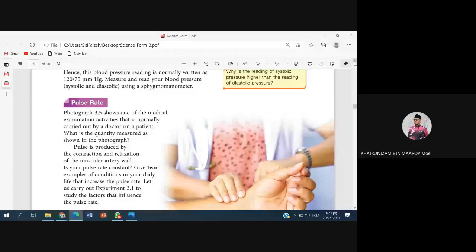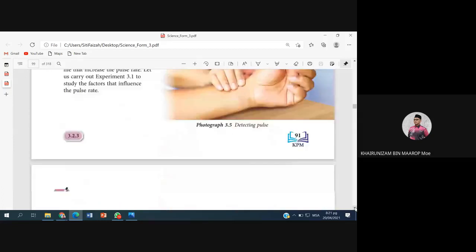Bacaan yang tinggi. Kalau kamu dalam keadaan relax, bacaan pulse rate dia mungkin normal. So there are several factors that affect the pulse rate. Ada beberapa faktor yang mempengaruhi pulse rate.